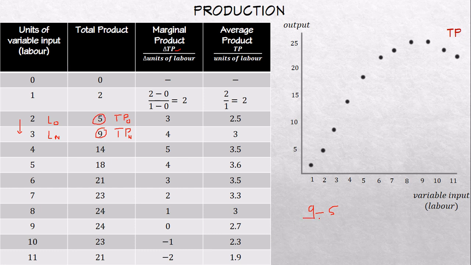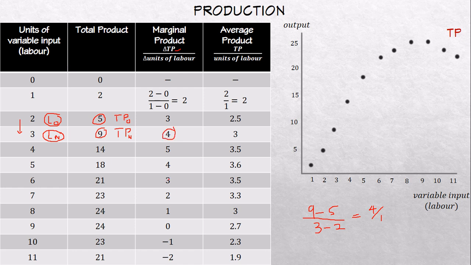Then all over, so the new labor is 3, the old labor is 2. So 3 minus 2, and that is going to give us 4 over 1. So 4 over 1 is just going to give us 4, right? So that is how come we have this 4 over here.